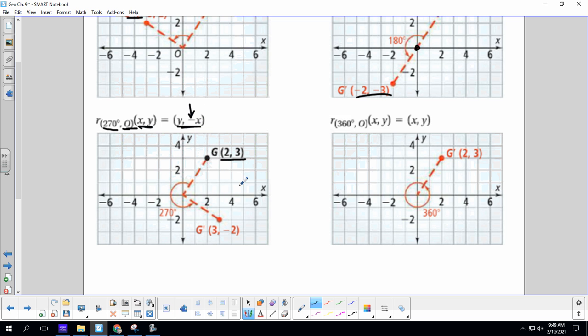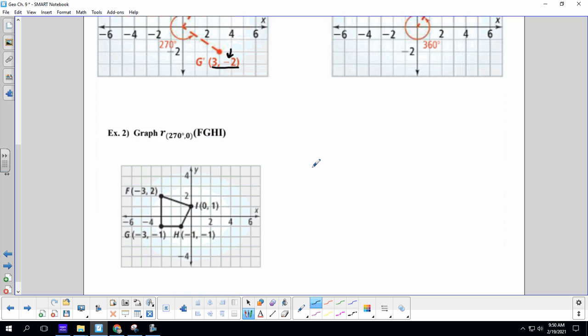So if I had 2, 3 here as my original coordinate, to get it 270 degrees around, I'm going to go 3, 2, and change the sign of the second number. All right, and lastly but not leastly, if I rotate 360 degrees all the way around the circle of my coordinate x, y, I'm going to get the same coordinate because I've just come back to where I started.